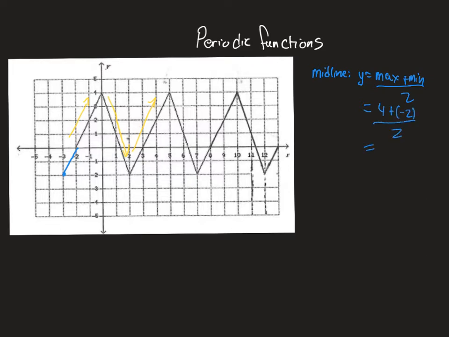So 4 plus minus 2 divided by 2, that's going to give me 1. You'll notice that you always have the increases and decreases. We're basically cutting my cycle in half.